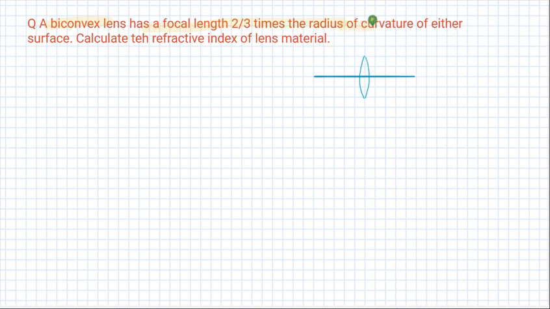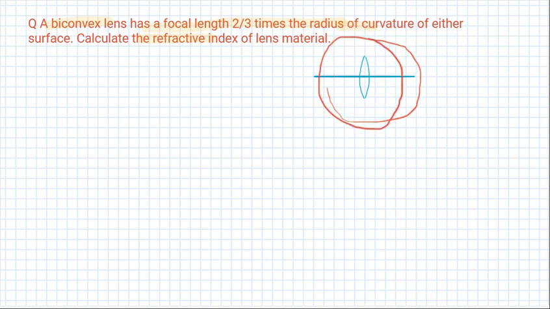And in this question they have asked you to calculate the refractive index. You have to find the refractive index. Since they have not mentioned the kind of surrounding medium, what will you assume?